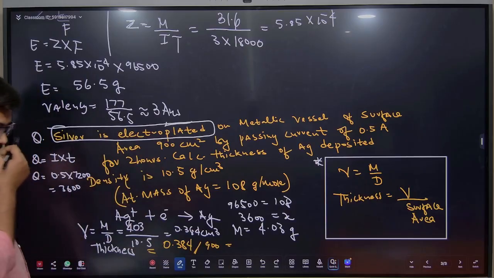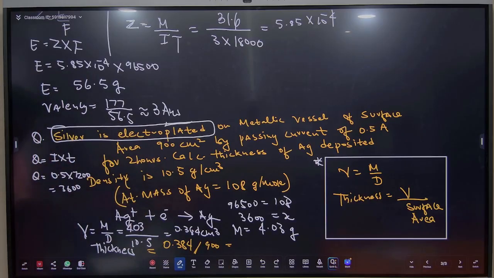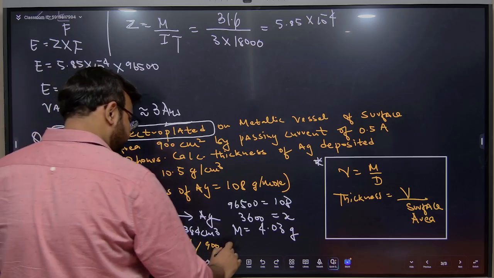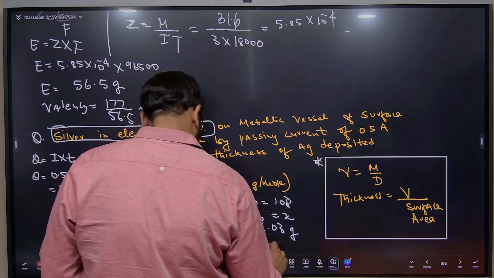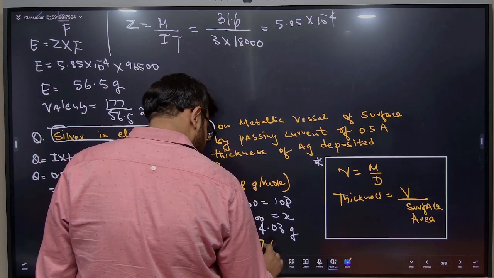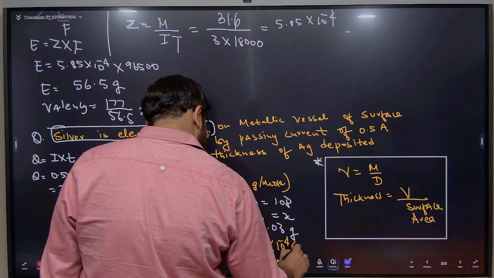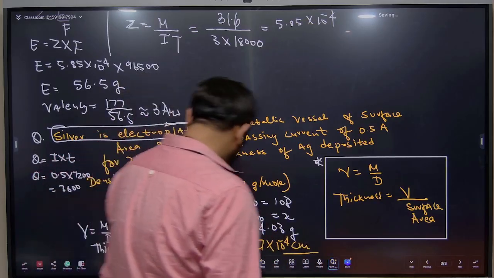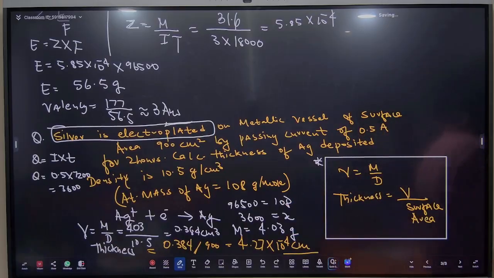That will give you thickness, right? 4.27 into 10 to the power minus 4 centimeters. Guys, all of you check your calculations if that is right or not.